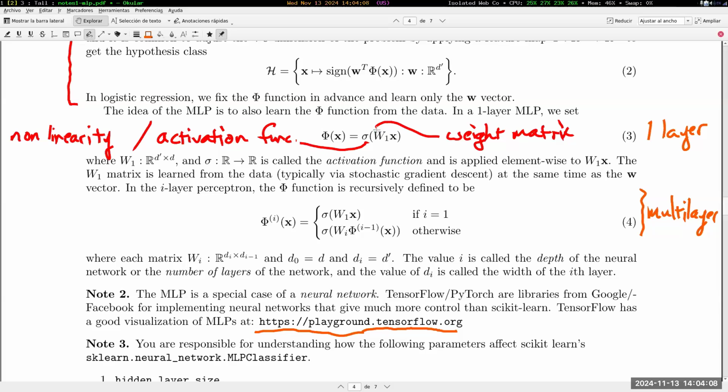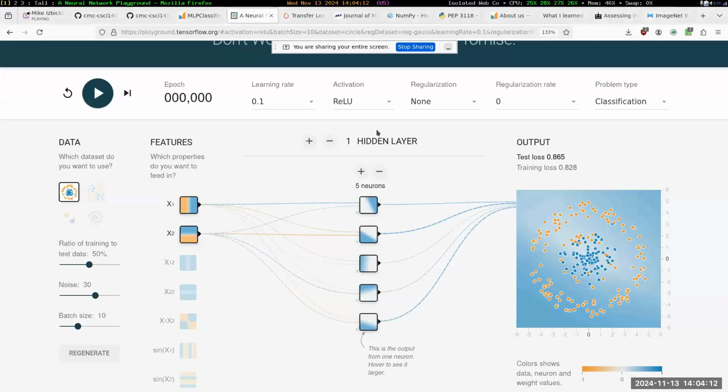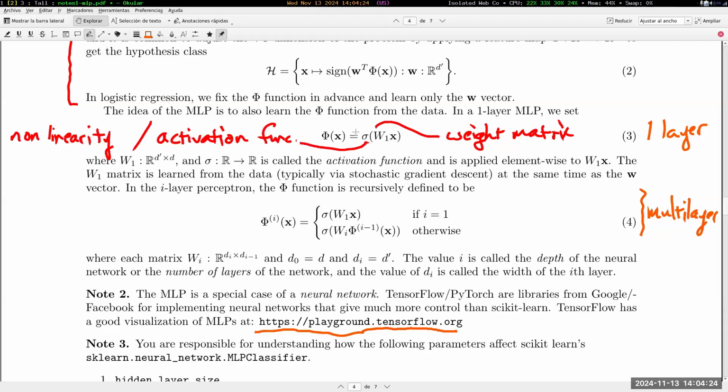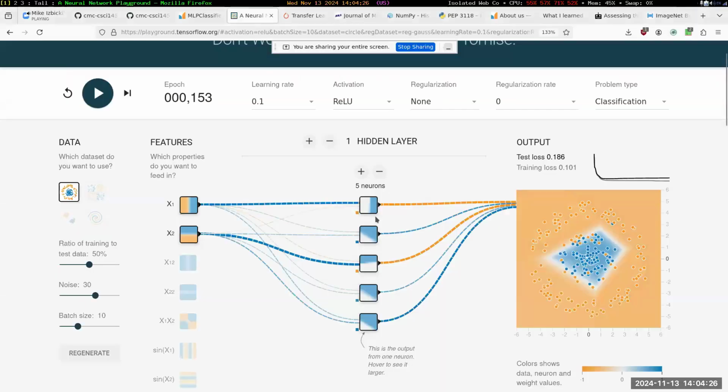So if we have 5 neurons in the phi of, or if we have 4, would that be the maximum phi of x1? Because we only have x1 and x2. If you go back to the website, it means blue lines of where there's a neuron, where there's an x1 and x2 leading into it.